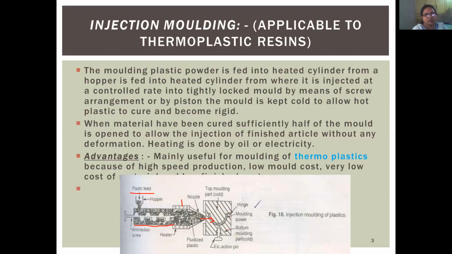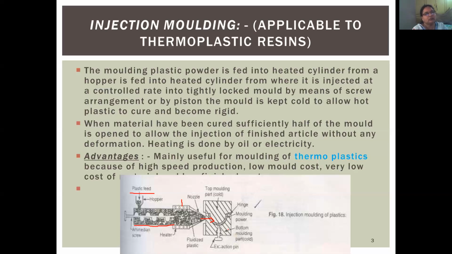As soon as the fluidized plastic material enters this mold or cavity, it is sent for cooling purpose. Then after cooling, the required material is taken out. That is the plastic material which has been formed.